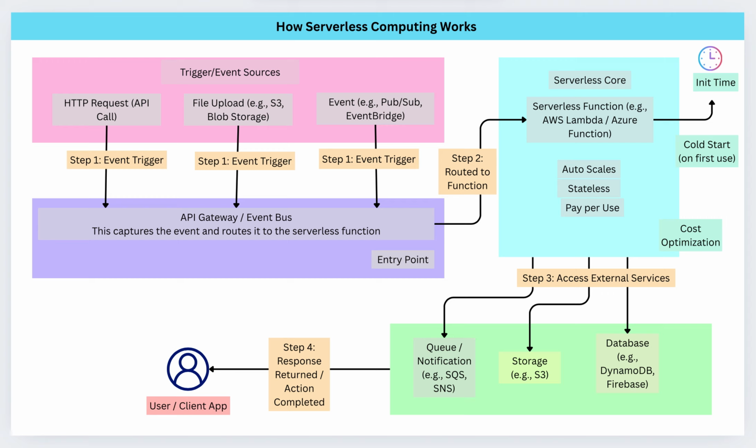This is where the results of the serverless processing are made visible or useful to the user. This layered system is what makes serverless architectures highly flexible, scalable, and cost efficient, especially for modern applications that require agility and event driven responses.